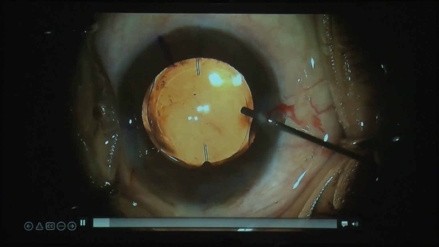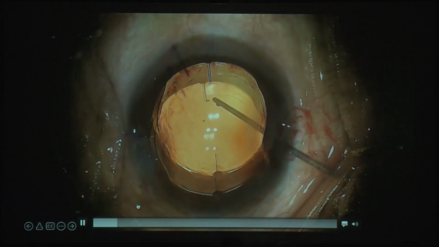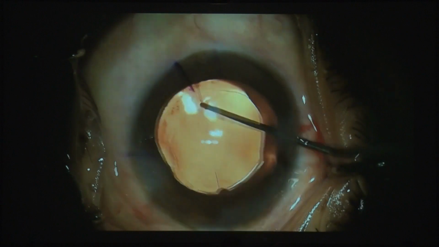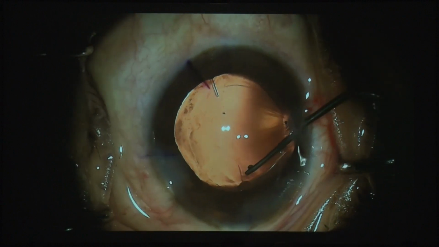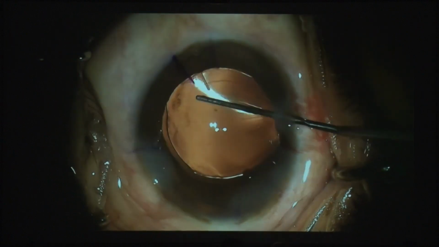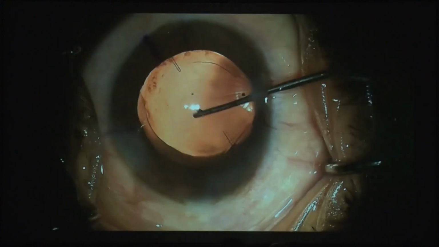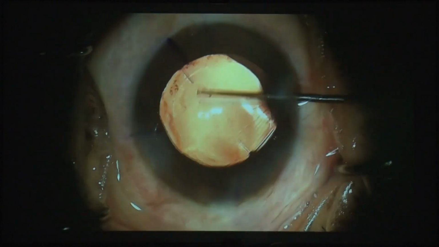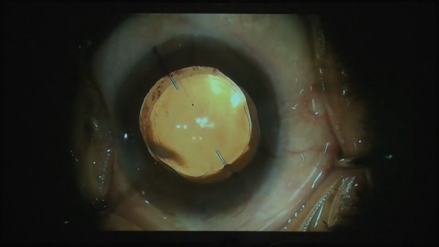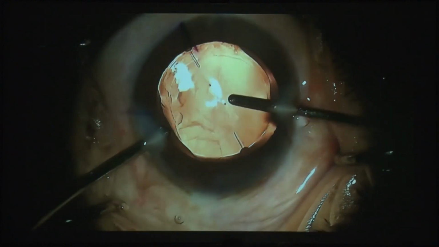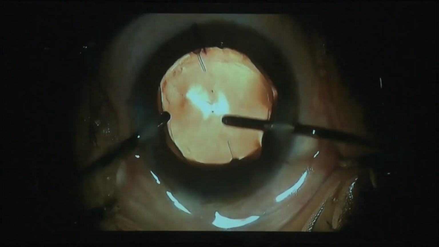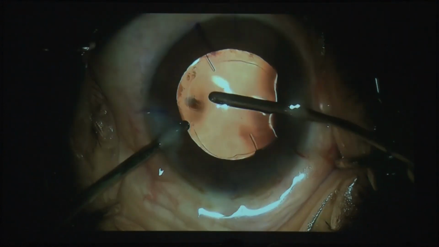You just put OVD in the anterior chamber. As I said, I never inflate the capsular bag, I never enter the capsular bag. In one case where I was not able to rotate, I put viscoelastic in the bag again, and in that case I always put a CTR. So this is simple. I just put viscoelastic in the anterior chamber and rotate the IOL.